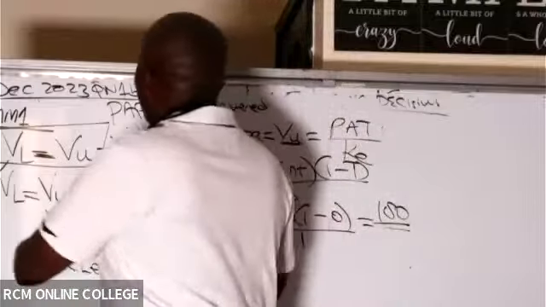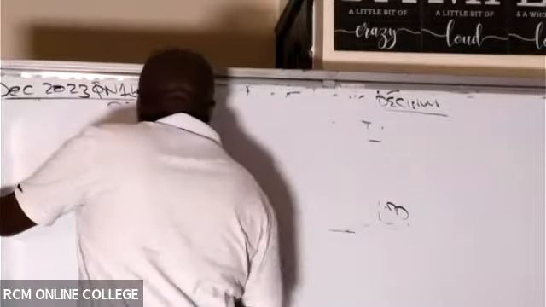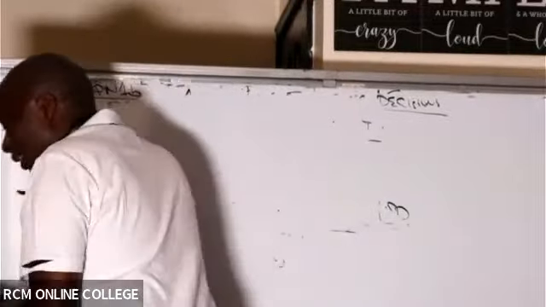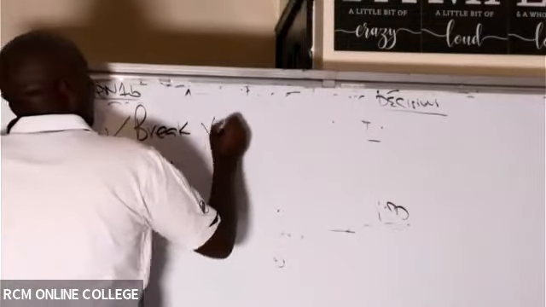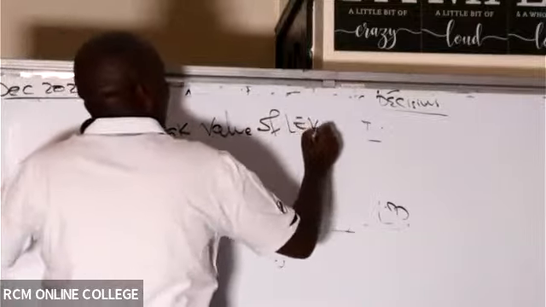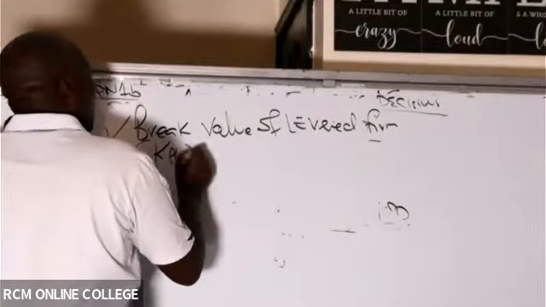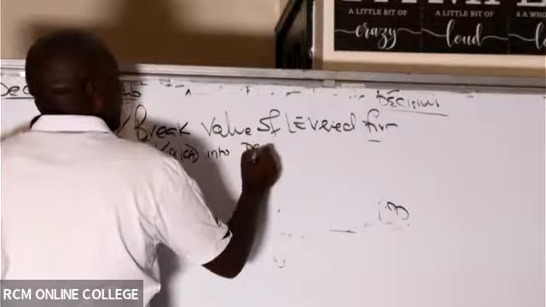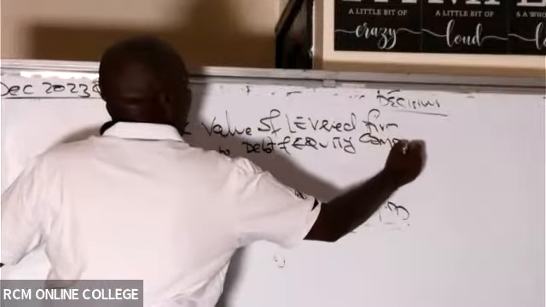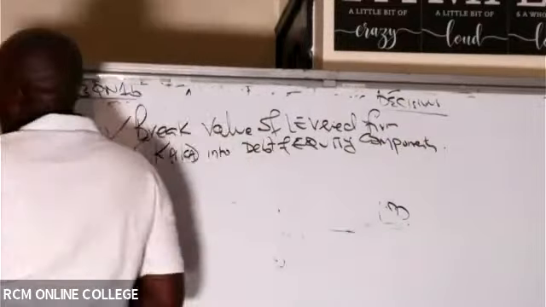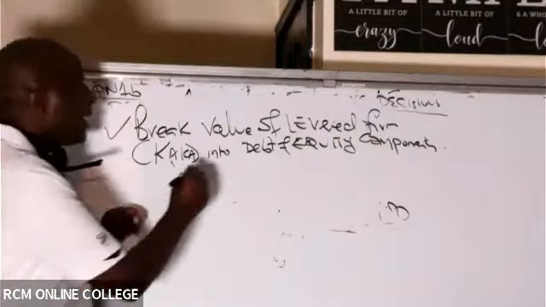So the next step: break the value of the levered farm, which is Kaka, into debt and equity components. Break it down like that.